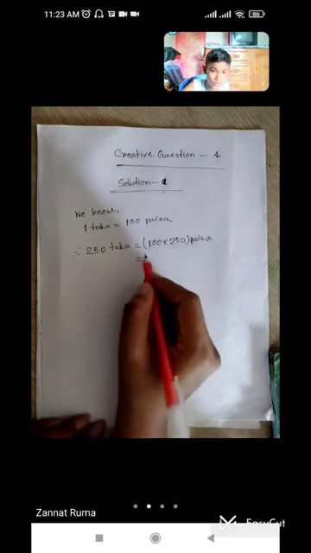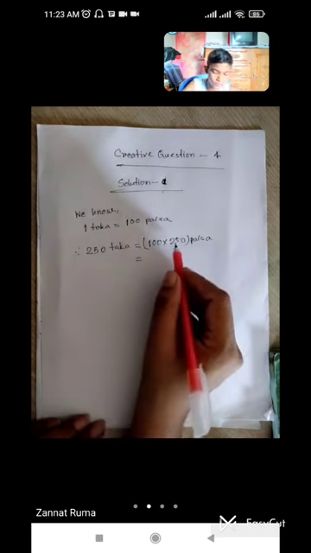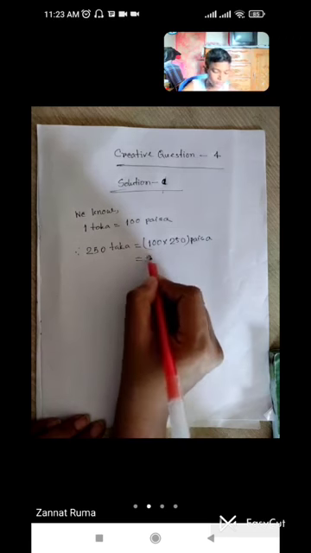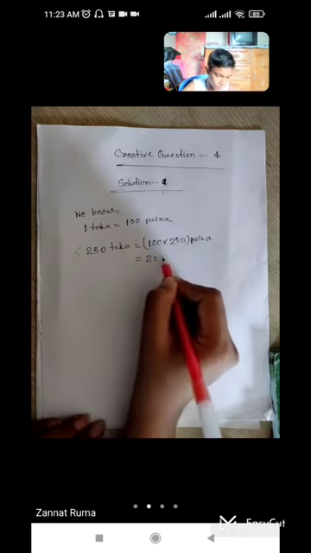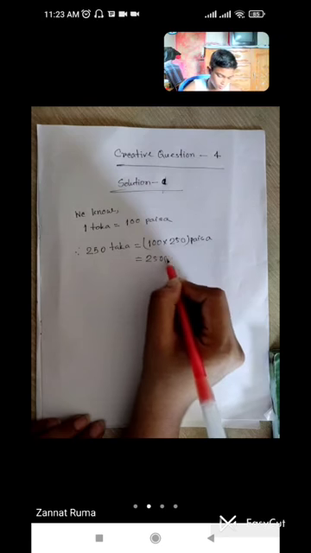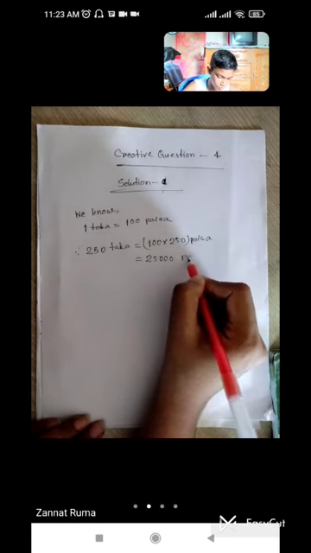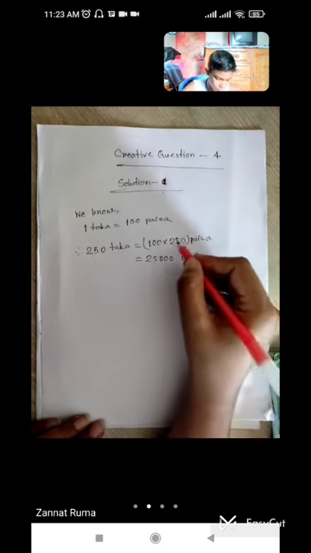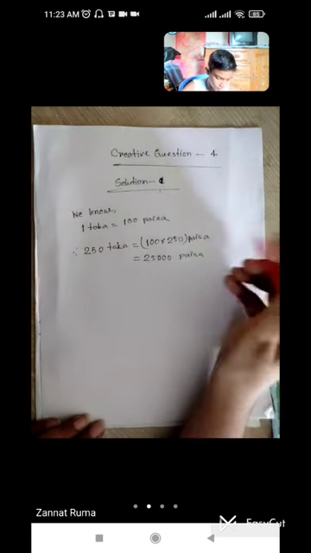If we multiply 100 with 250, then the answer will be 25000 paisa. You can do a rough, or if you can do it, then you can.